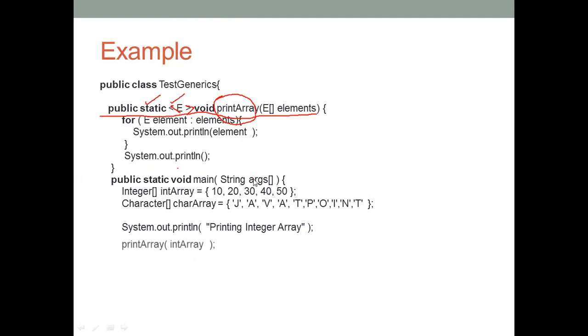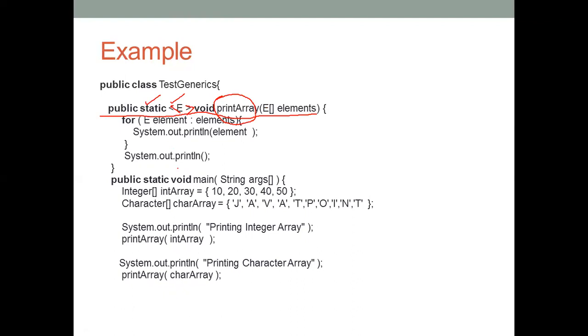So what is done in the main method? I have to create two different arrays, one which is going to store integers, the other one which is going to store characters. So now look at the code. This is where I am creating the integer array. This is where I am creating the character array. When I invoke the printArray method by passing the int array, 10, 20, 30, 40, 50 will be printed.